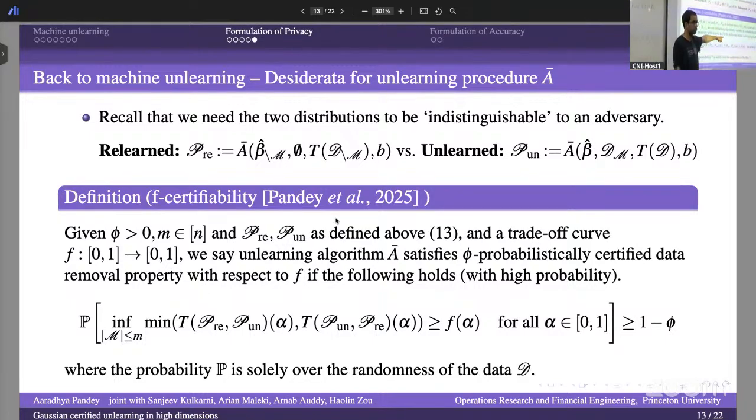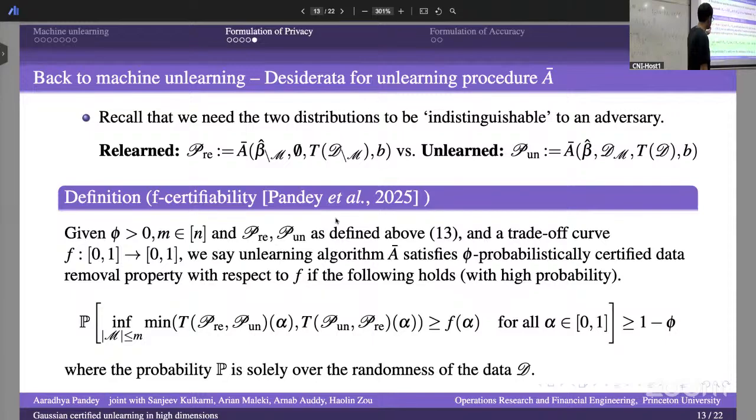This f we are going to take to be T of normal 0, 1 and normal epsilon, 1. So we at least want our procedures to be harder to distinguish than a normal 0, 1 and a normal epsilon, 1. At least that is clear, hopefully. And then what do we want? We allow all possible removal requests of size little m.